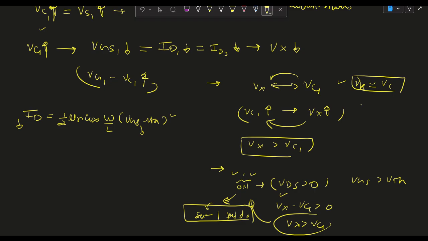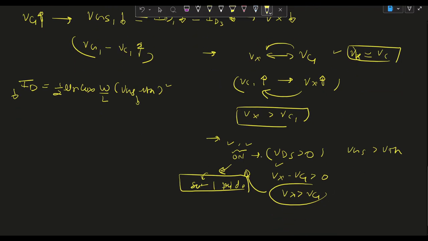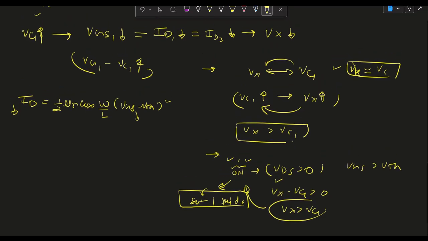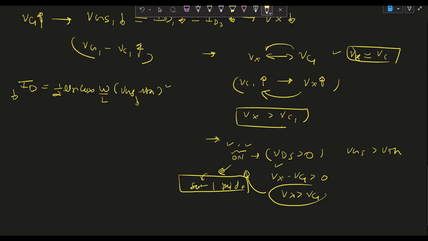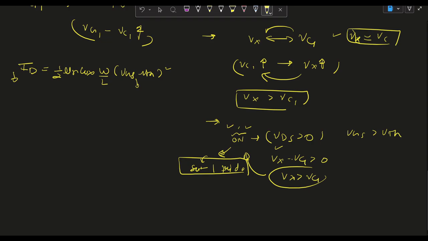If we ignore this drop, we can assume Vx and Vc1 are the same, but mathematically Vx is larger and Vc1 is smaller, though Vx is not much larger than Vc1. Are you getting my point? So Vx will follow Vc1, and Vx is greater than Vc1, like I explained. This is the on condition.